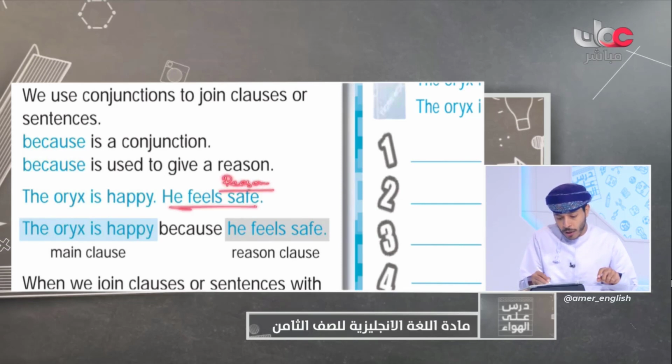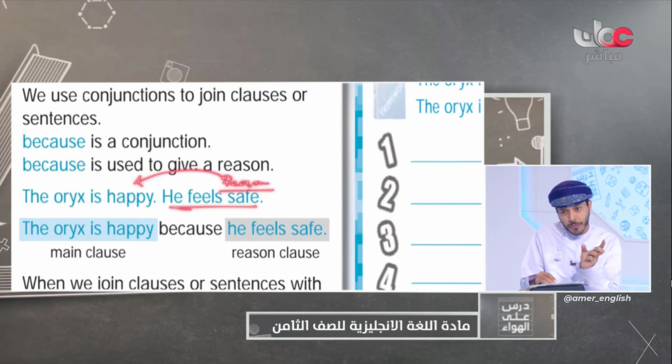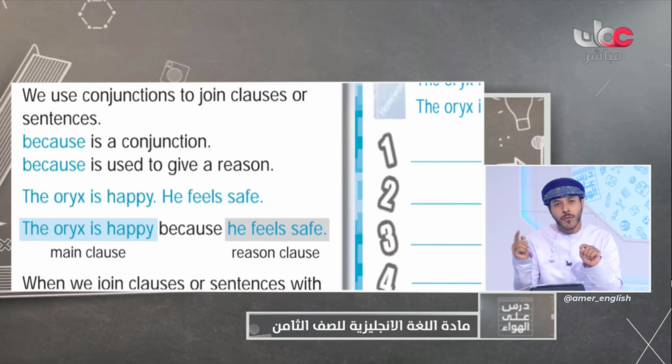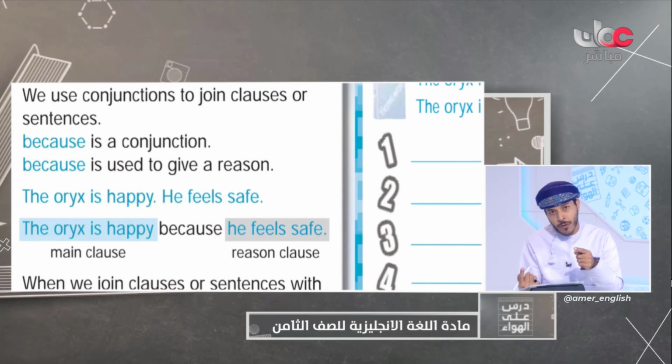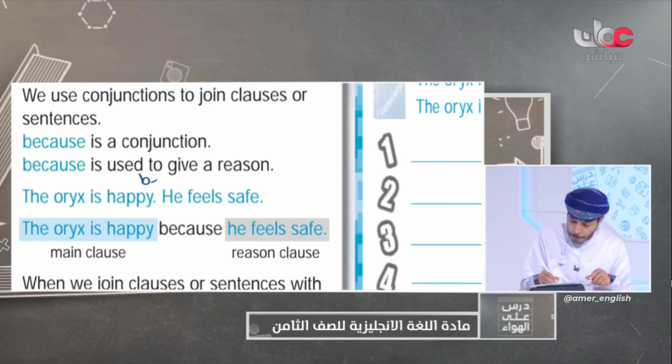We want to link this reason to the previous sentence in order to avoid writing very short sentences like, for example, Ali is tall, full stop. He has brown hair, full stop. No, I can say Ali is tall and he has brown hair, okay? So we can link sentences together by using, for example, 'because'.